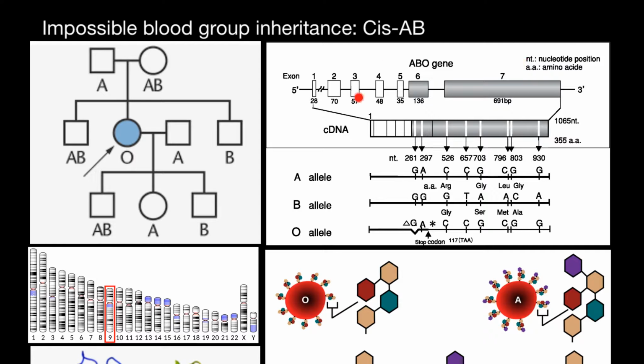So here you see the ABO gene. This gene we can find on chromosome number 9. As you see, all the chromosomes in this karyotype are arranged according to their sizes, except of course sex chromosomes X and Y. It also seems like chromosome 21 is smaller than chromosome 22, and this is true.